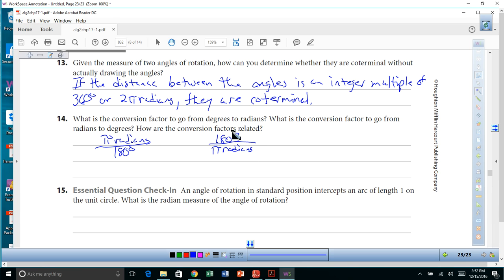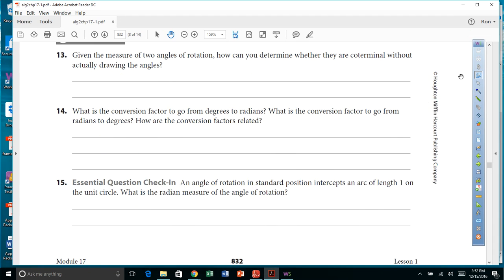How are the conversion factors related? They are reciprocals. Think about it. If you multiply the two, that cancels out, that cancels out, and that just leaves you with one. Cool.